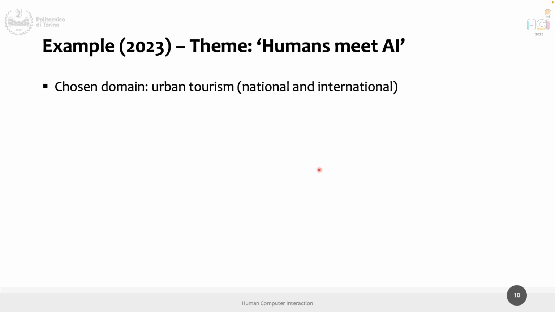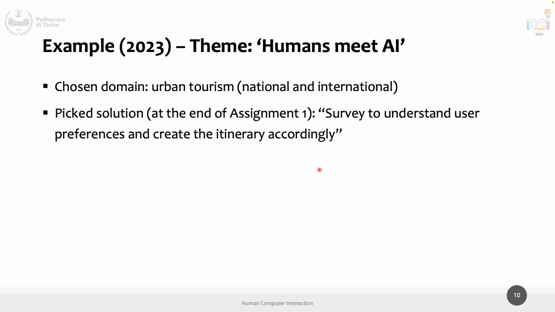Again, no problem, no solution here. At the end of assignment 1, they wanted to have a tool to understand user preferences for tourism in the city and create an itinerary accordingly, a suitable itinerary using AI.